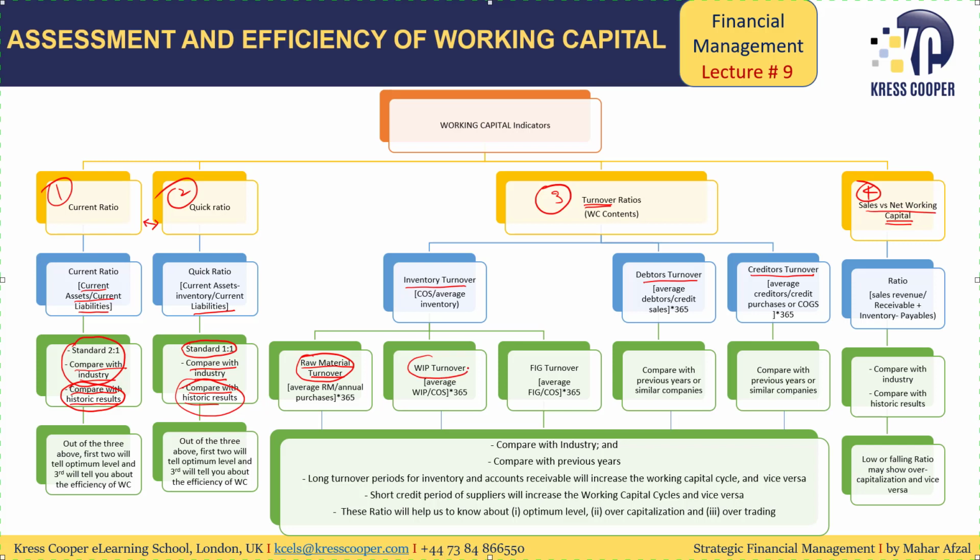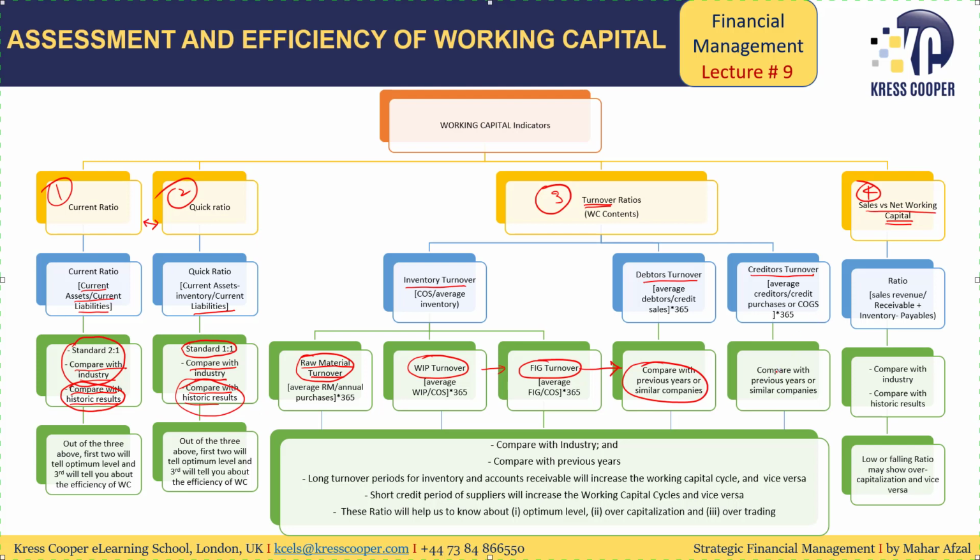Work in process turnover will help us to understand how quickly material is being converted into finished goods. Finished goods turnover will help us to understand how quickly goods are being converted into sales. And debtors turnover will help us to understand how quickly debtors are making the payment.